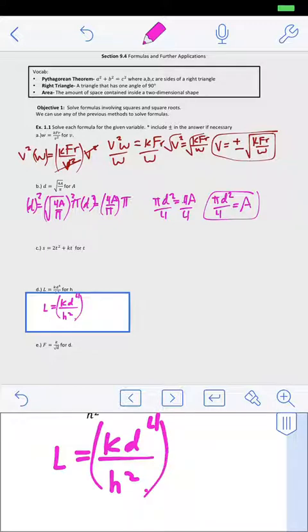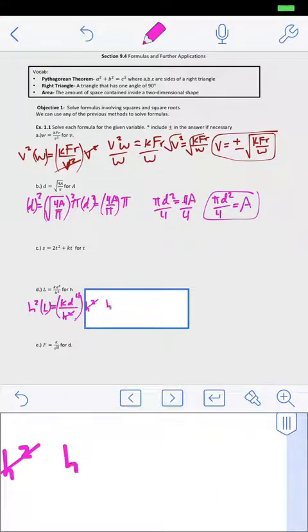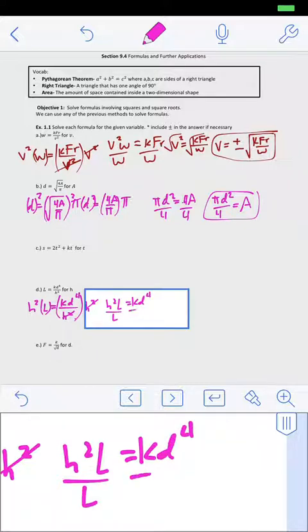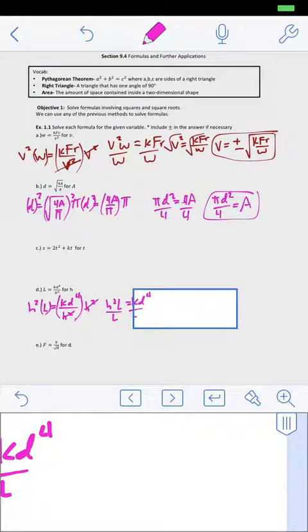That makes this irrational, which is not what I want. So I'll move that guy over. I end up getting H squared L is equal to K D to the 4th. Divide by L, right? I end up getting H squared is equal to K D to the 4th over L.